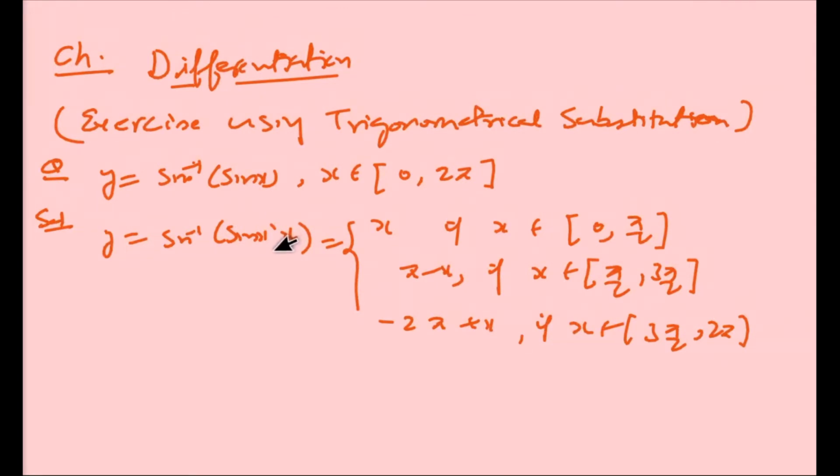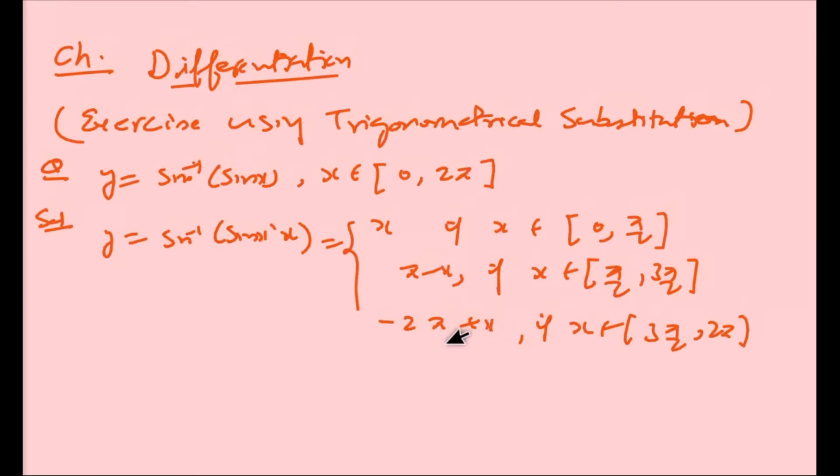Now if x equal to pi by 2, then it is pi by 2, it is pi minus pi by 2, which means pi by 2, and it is minus 2 pi plus pi by 2.